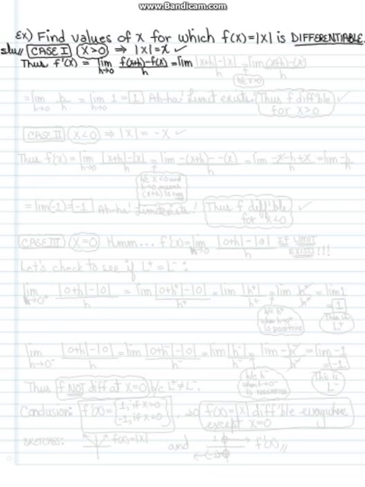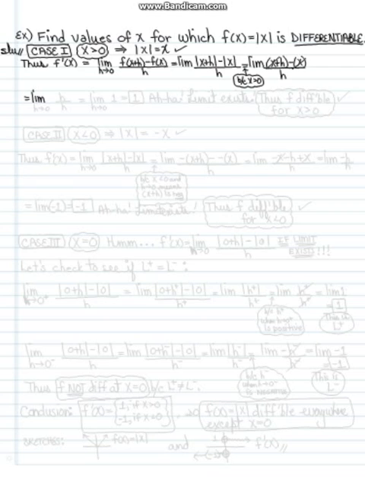Now evaluate our function using f of x equals the absolute value of x. So we have the absolute value of x plus h minus the absolute value of x over h. We can drop the absolute value bars and just put parentheses because both of these values are going to be non-negative on the inside of the absolute value bars since x is greater than 0. Go ahead and simplify that.